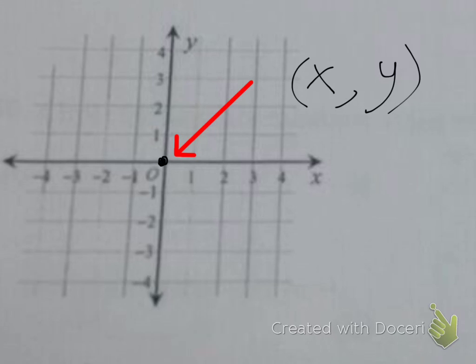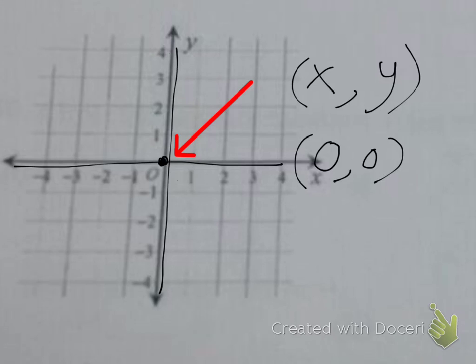So we start here at the origin, we go across 0 spaces to get here, and we go up 0 spaces. So it's at 0 on the x, it's also at 0 on the y. So therefore, its coordinates are (0, 0). That's the ordered pair, ordered simply because x comes before y.